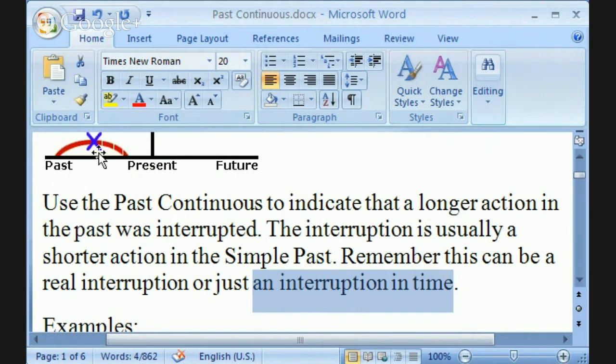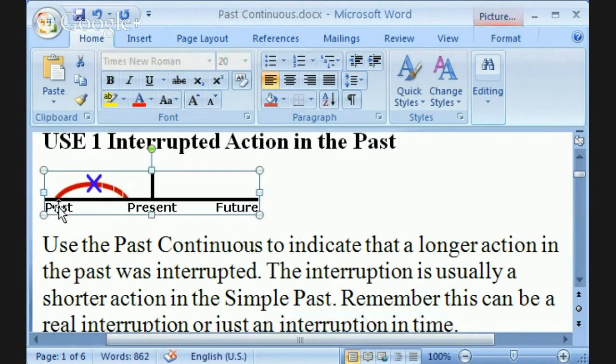Notice that the past continuous action starts in the past, as indicated by the red line, and it's finished. It's over. The red line is over in the past before the present.